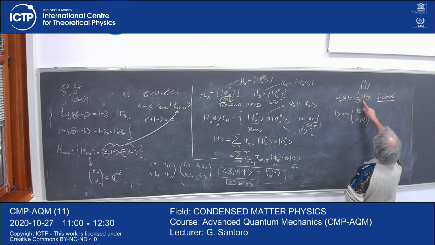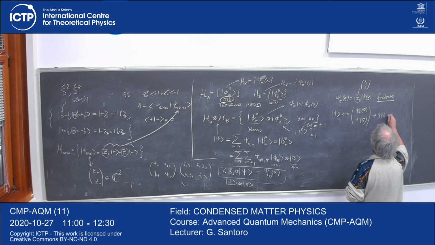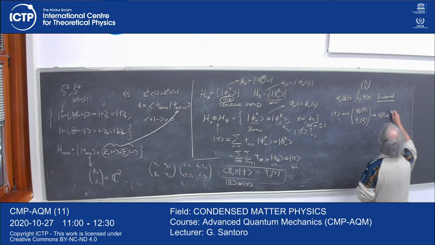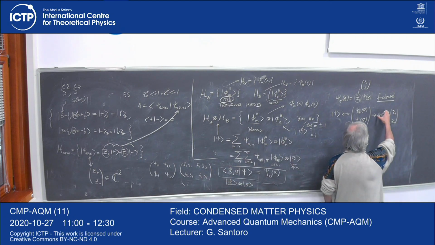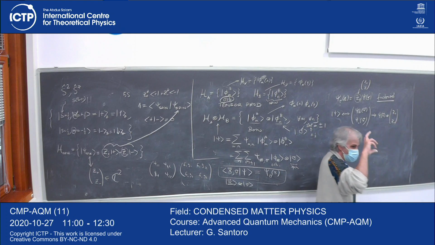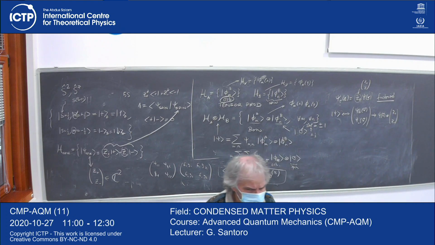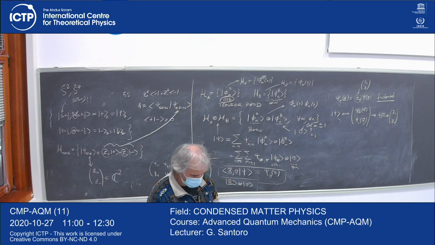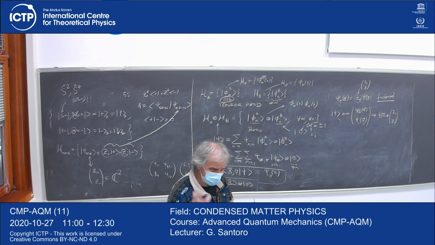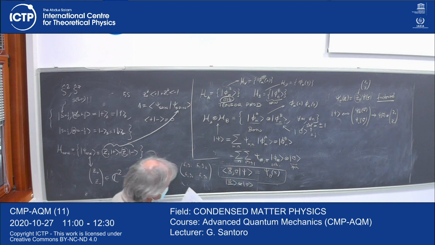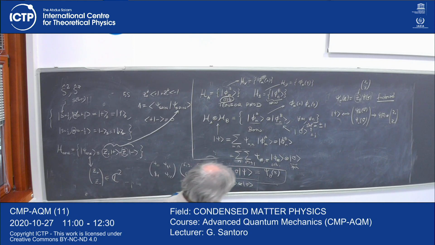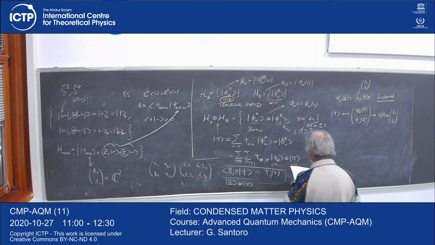If the functions are equal to this, then this becomes psi of x times z plus and z minus, which is essentially a product of an orbital wave function times a two-component spin. Is it clear? I don't know if it is clear, but just insist, okay? Try to digest, look carefully, because this is the only thing that makes things a bit more confusing.